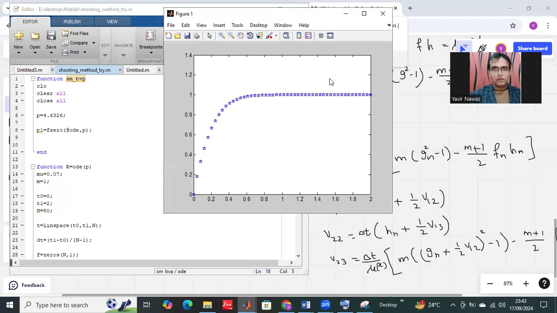Yeah, it's working on two. So I save these files.